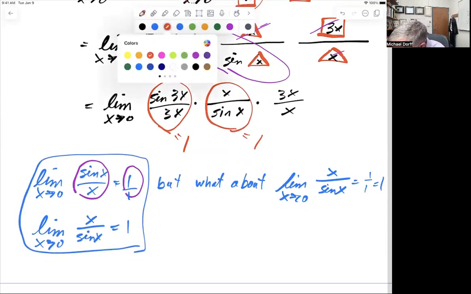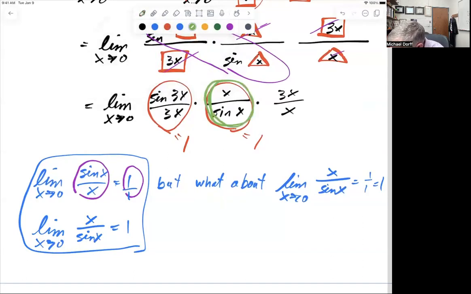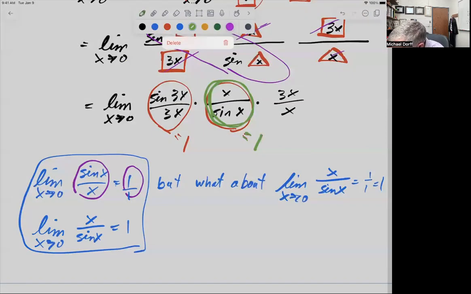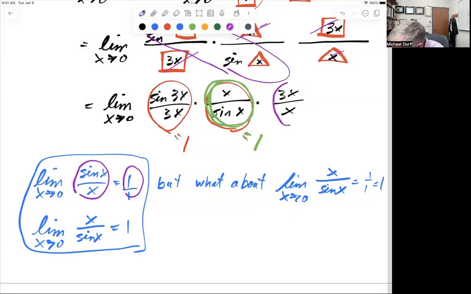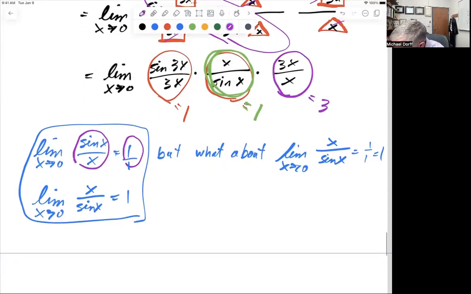So that's why in this one, which I'll now do in green, that equals 1. And the last one in purple here, what does that equal? That equals 3.